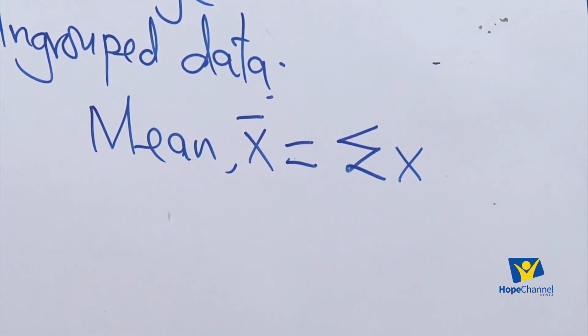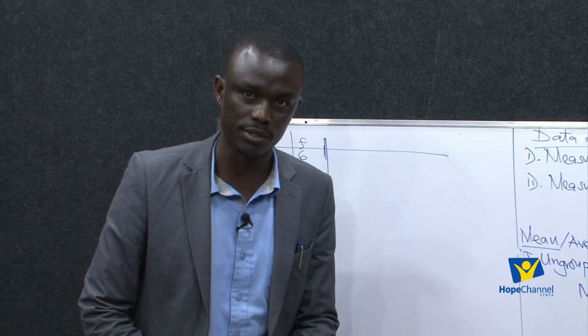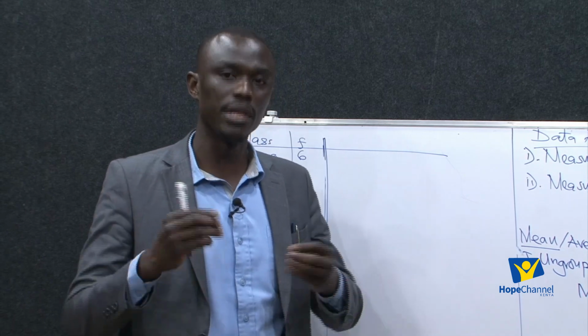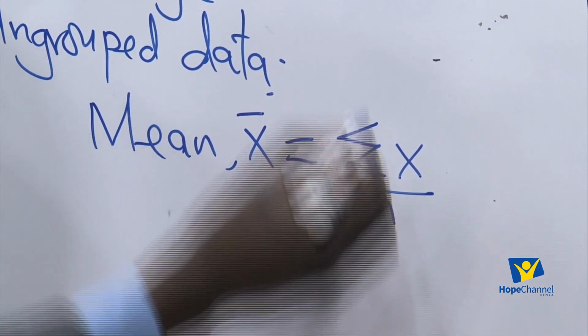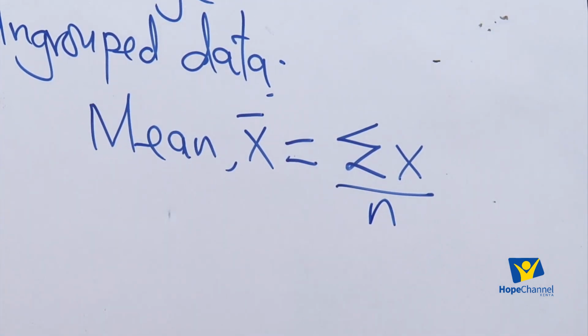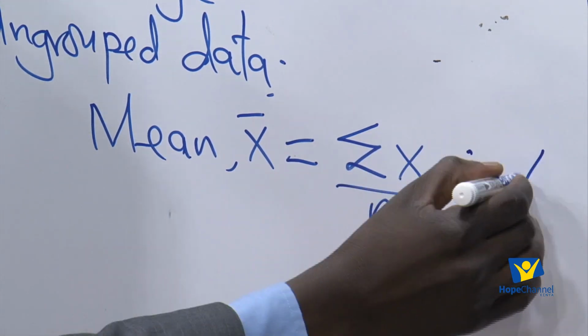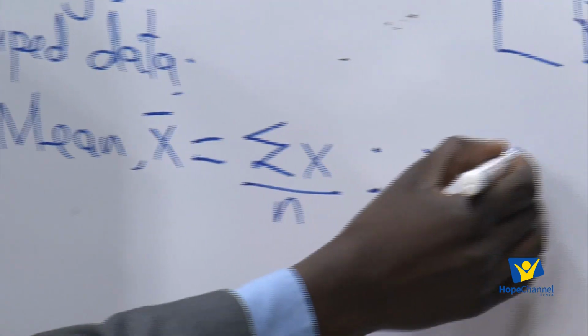Remember, x in this case are the observations. So you add all the observations, then you divide by n. N in this case represents the total number of observations, i.e. x is equal to the observations.